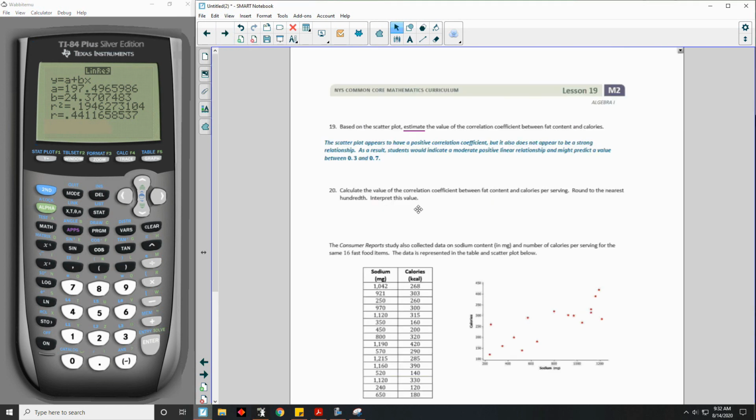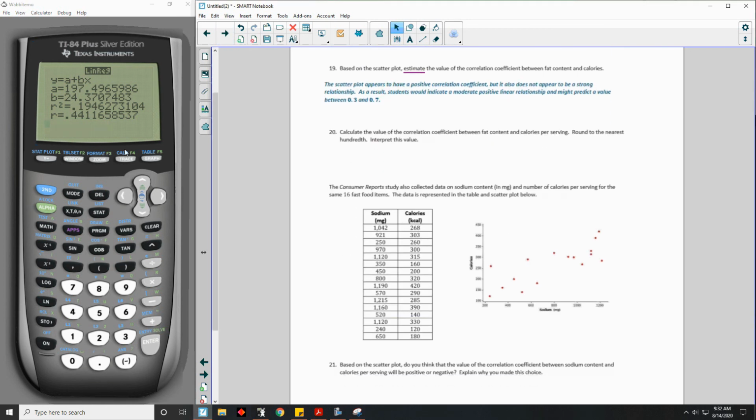Okay, so now move back to the page we were on. Round to the nearest hundredth. 0.441 would round to 0.44. So I'm going to write that as an approximation. I would say R is approximately 0.44.